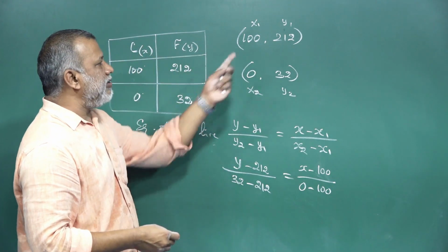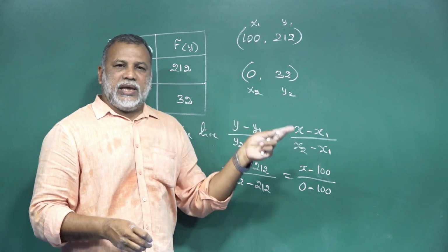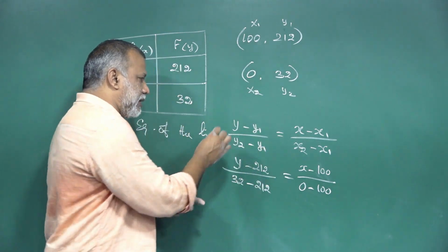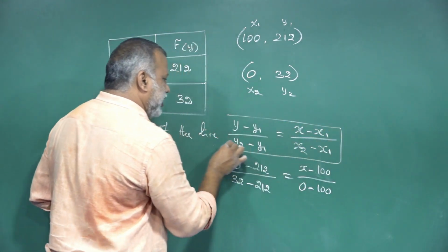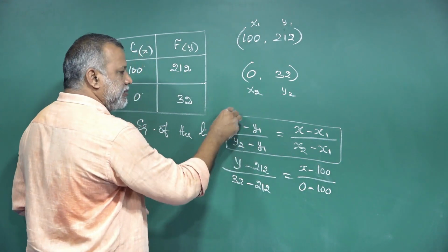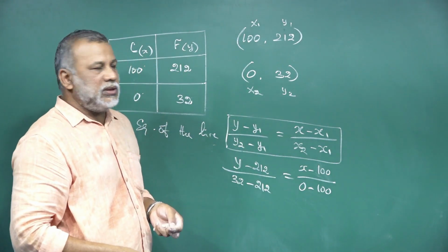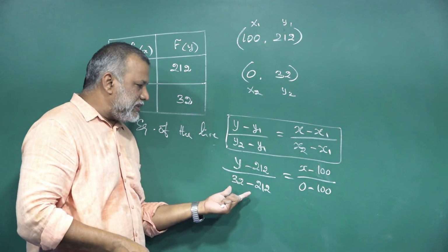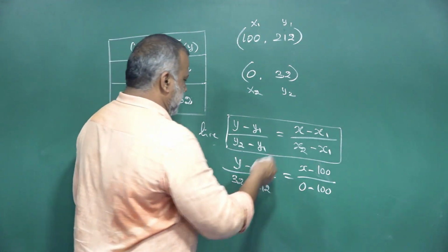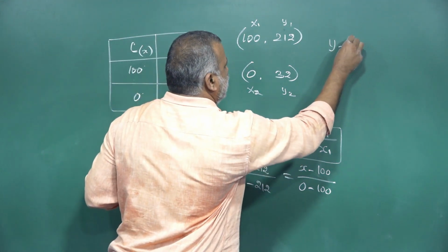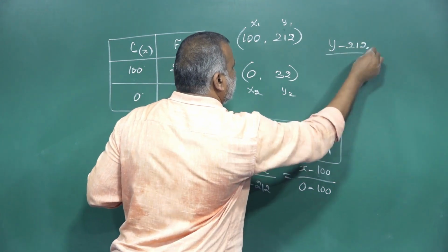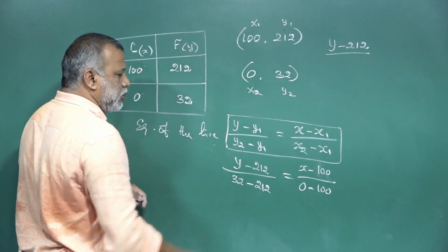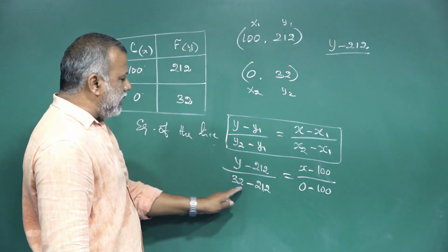We are having pair of points here x1, y1 and x2, y2. We know the formula, the equation of the line joining any 2 points. Then take the points and substitute the data. Now our aim is to simplify this data. Listen carefully. y minus 212 in your numerator. Here 212, 32.